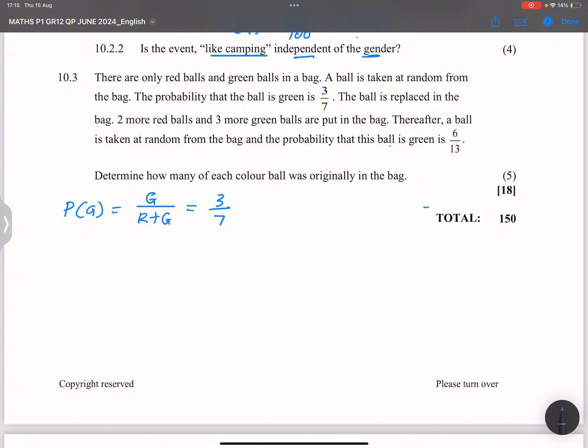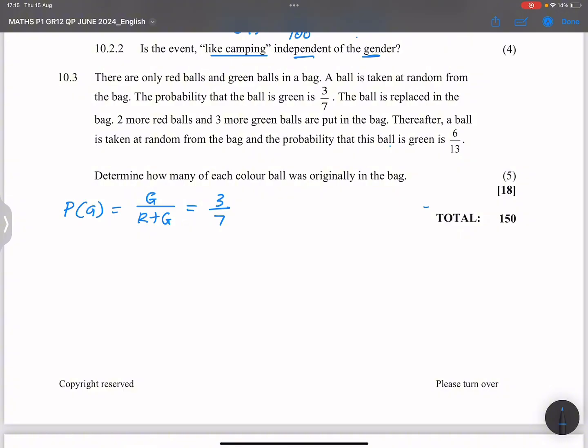So if you think about it, that would simply mean that the number of green balls would be 3, and the total number of balls would be 7. We know green is 3, and so red would be 4. But let's look at the question further.